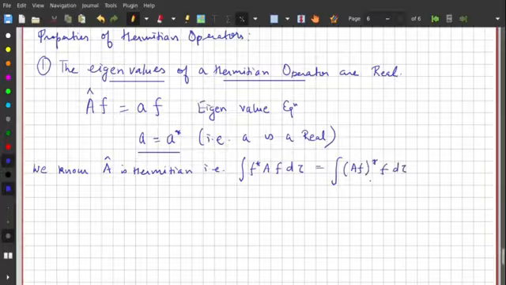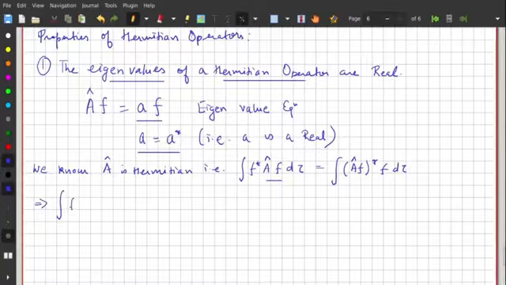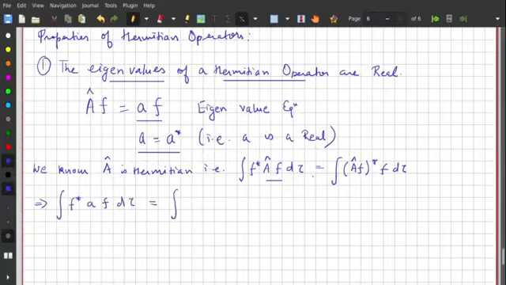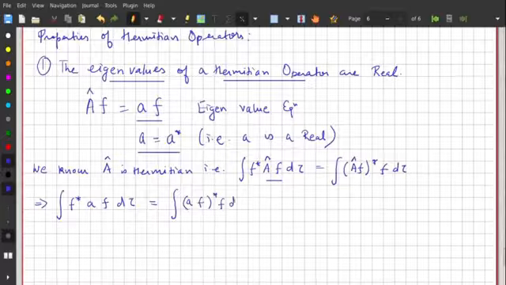So we just use the definition of a Hermitian operator. Instead of A f, remember this is the operator, we will substitute a f because it satisfies the eigenvalue equation. So this becomes the integral of f star a f d tau equals the integral of (a f) whole star f d tau.